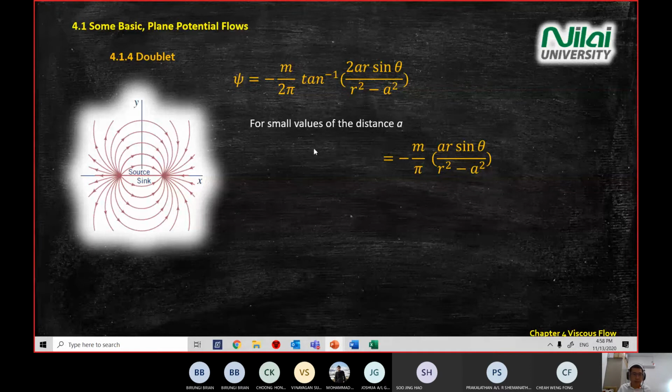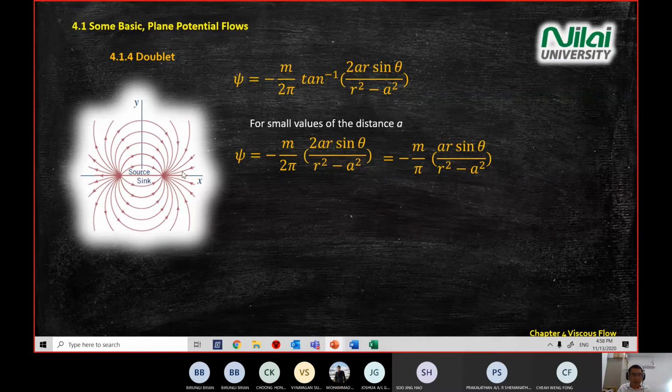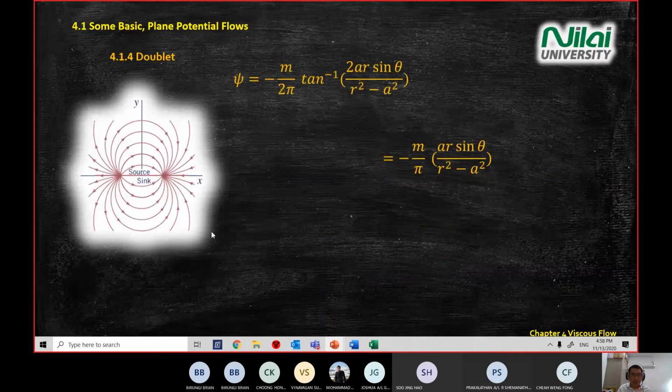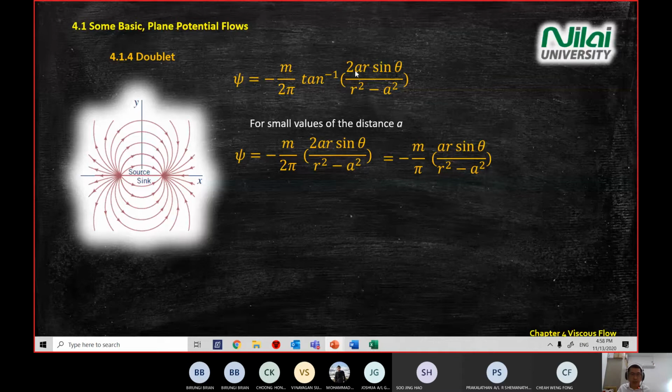If the distance a, meaning the distance from the center, is very small, what does it mean? If you look at the diagram in your handouts, the two are very close. Then the value of your tan will be very near to the constant value that you have.